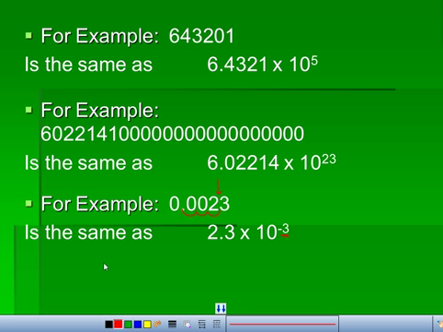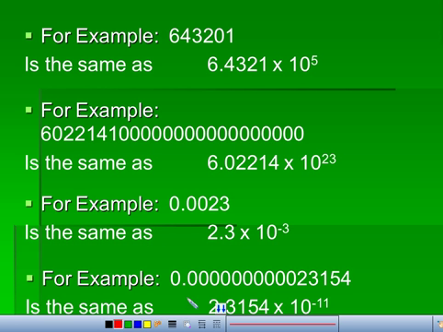All right, another one. Really small number. We don't have to write that number all the time because there's a lot of zeros in there, and I tend to lose my zeros when I do math. So instead, I'm going to make it easier, and make this a scientific notation number. I want to move my decimal to be right here between the 2 and the 3.